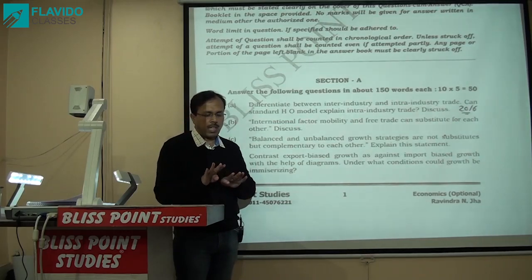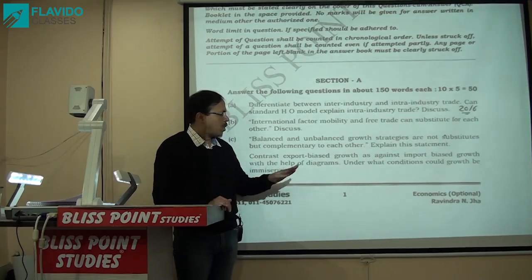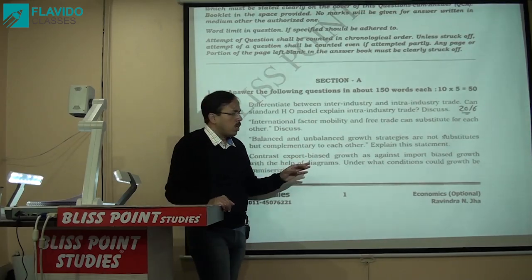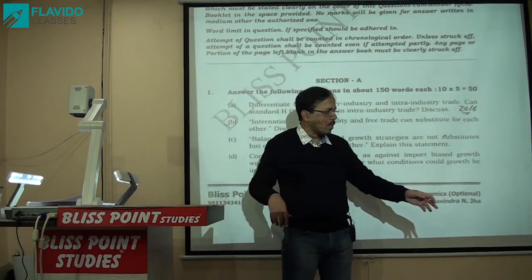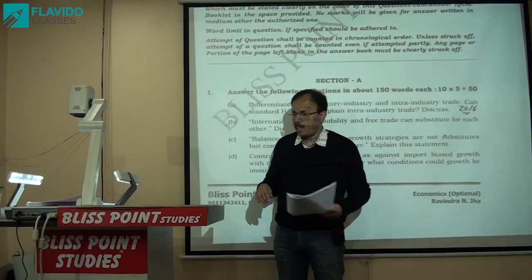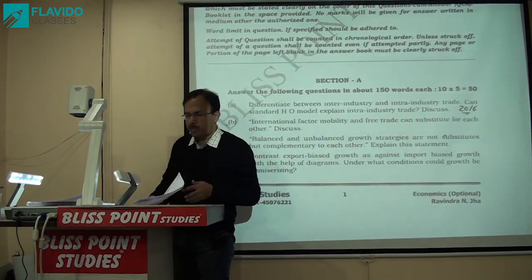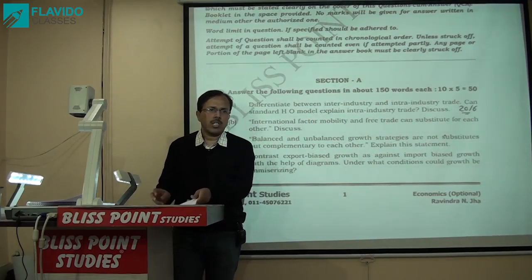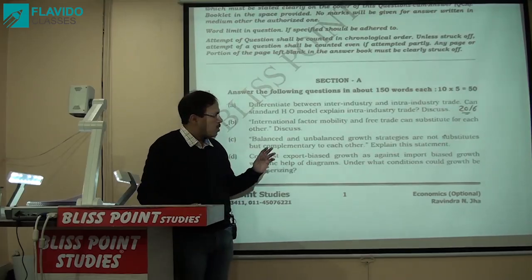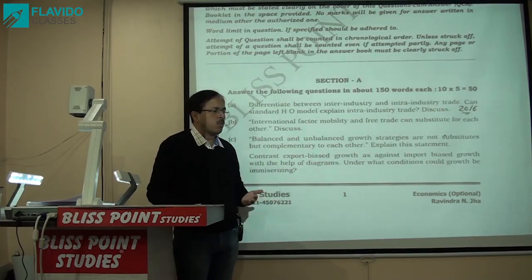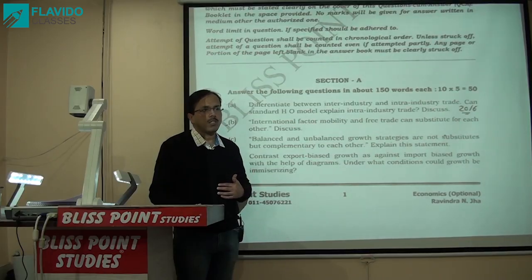First of all, there are three parts to be answered. What do you mean by export bias growth? What do you mean by import bias growth? And in what condition could growth be immiserising? So when you say export bias growth, what does it mean?